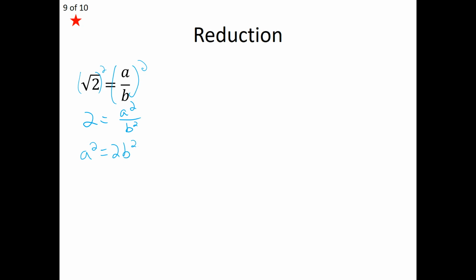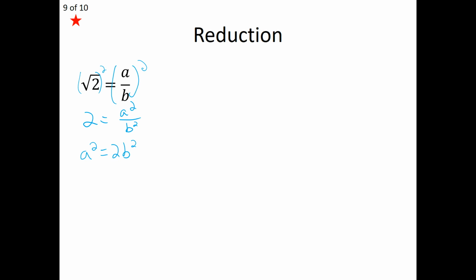Because a and b are integers, a squared is an integer and b squared is an integer. So take a look at what's happening here: an integer equals 2 times another integer.